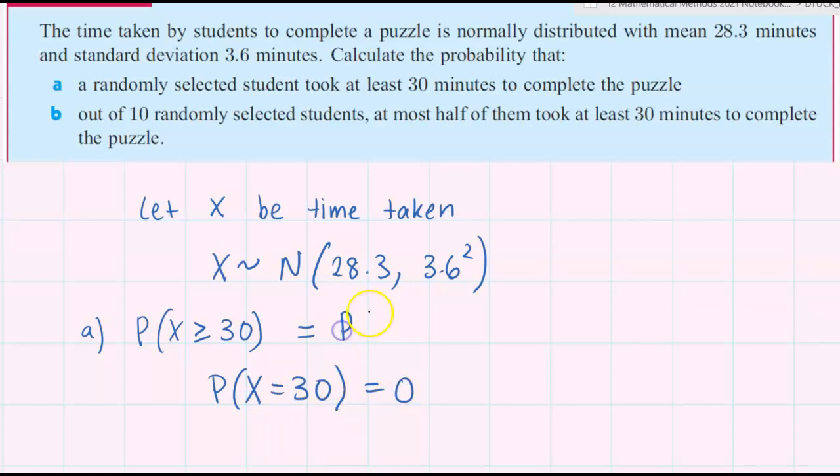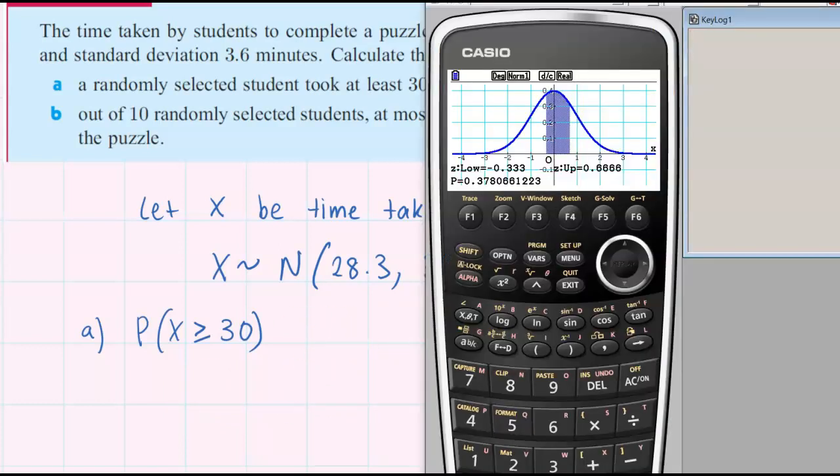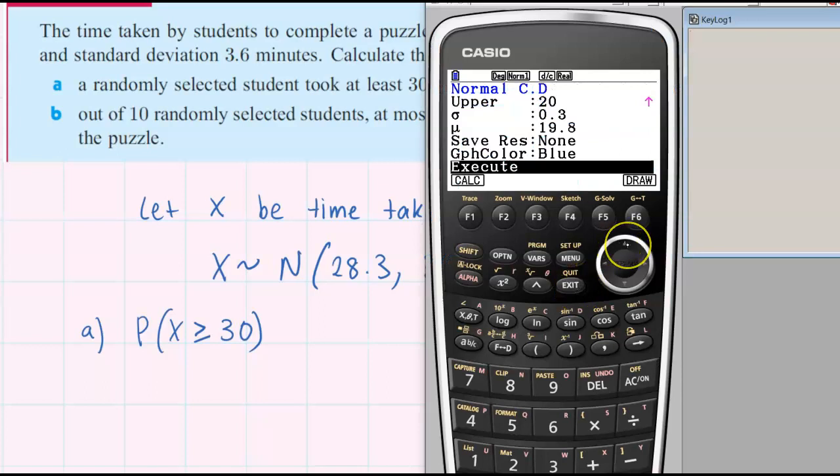So in the context of this question, please make sure you've got greater than or equal to, but the reality is that it's going to be the same thing as just greater than, because the probability of it being equal to 30 is 0. But for this question, it says at least, which is greater than or equal to. So go in and adjust your stat mode accordingly.